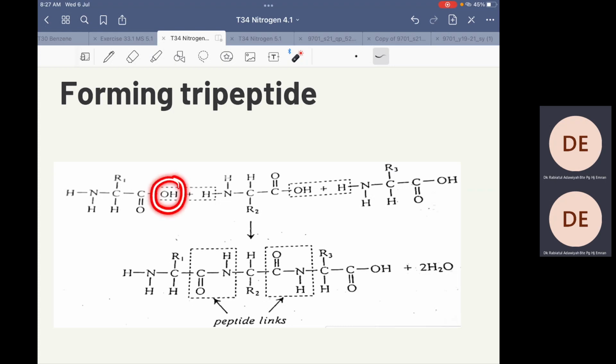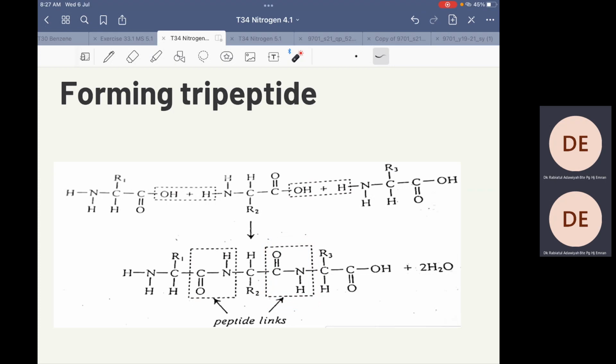So again, I lose OH from the carboxylic acid part of one molecule, and I lose hydrogen from the amine part of another amino acid molecule to form a C double bond O NH bond. That's my first peptide bond. And then the second molecule of amino acid will also form a peptide bond with the third amino acid. Same thing, I lose water in the formation of the new bond.